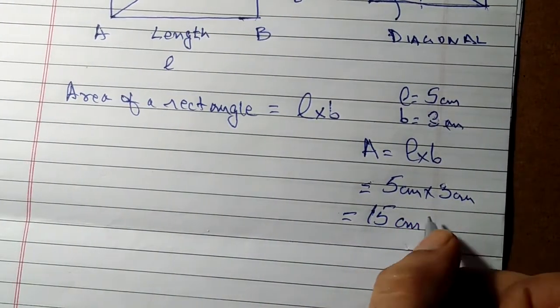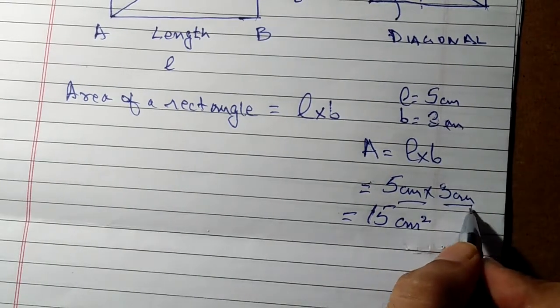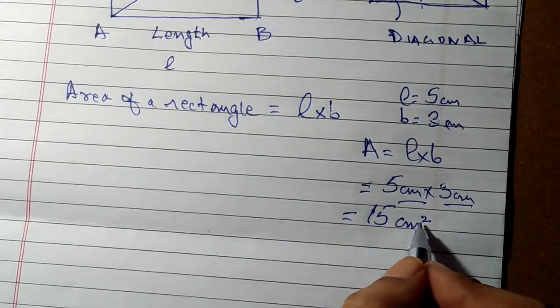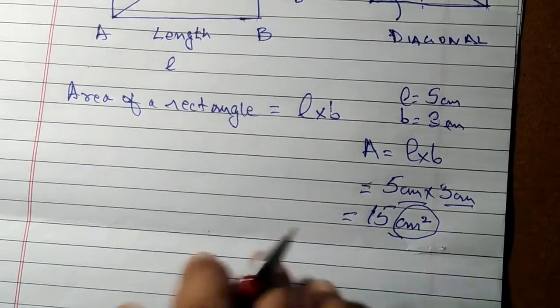And since this is an area, this becomes centimeter square, because centimeter is one dimension, and when you multiply these two dimensions, you get area, which is centimeter square. So the unit is very important, you have to keep this in mind.